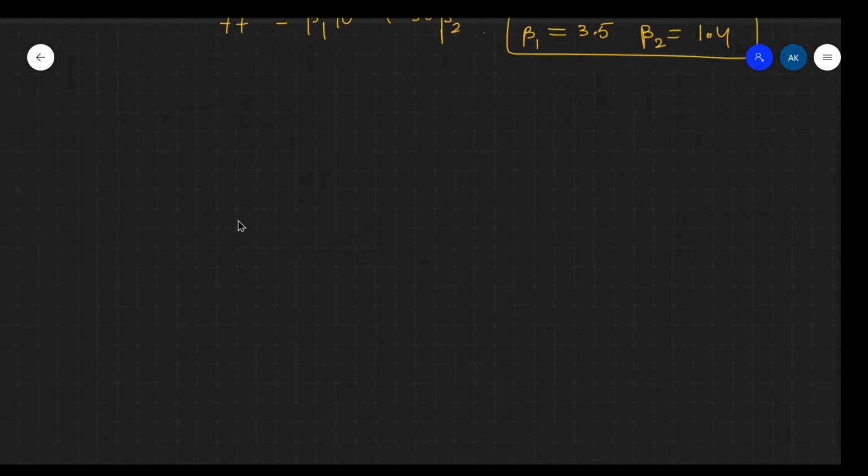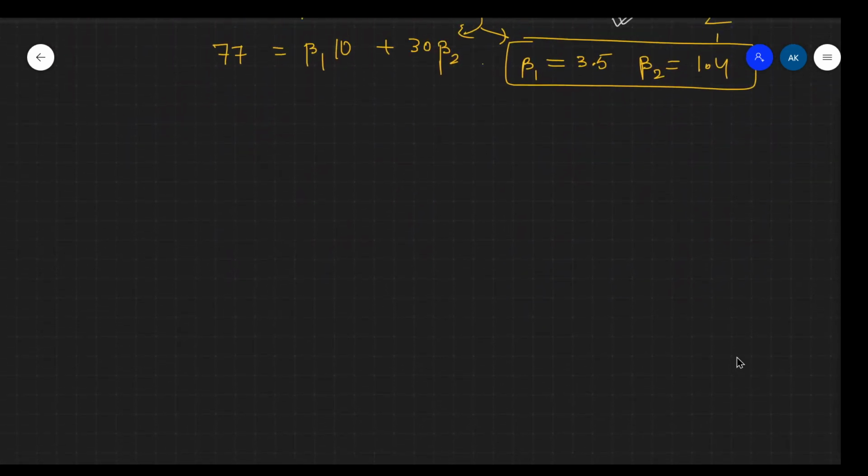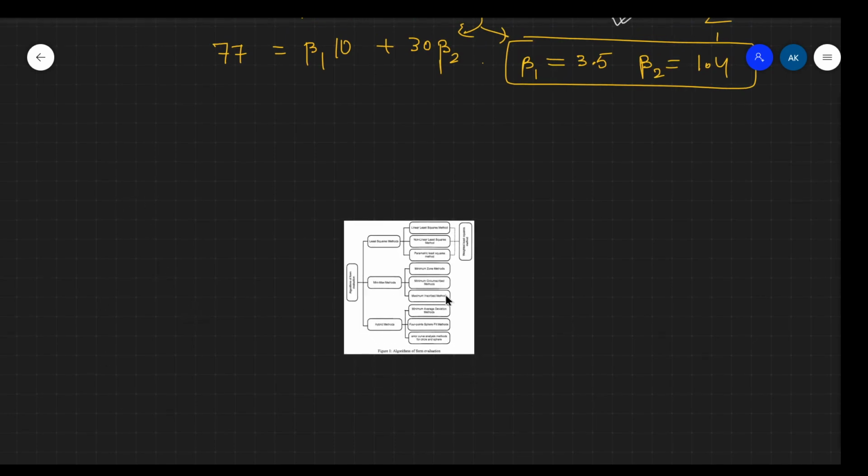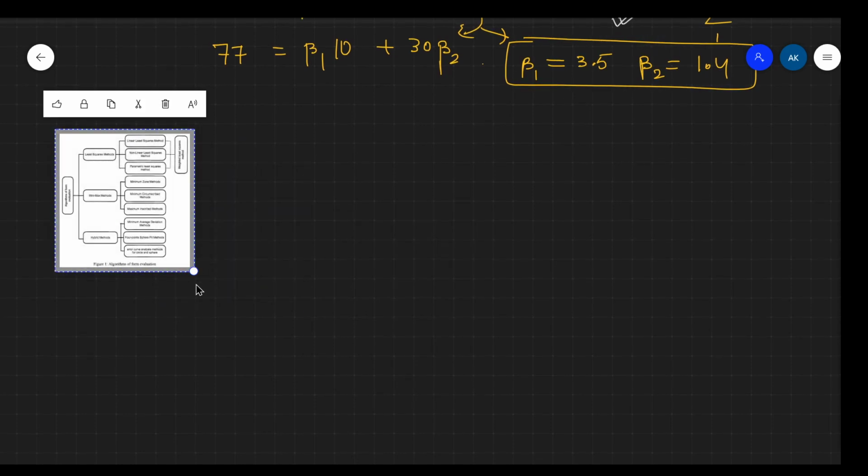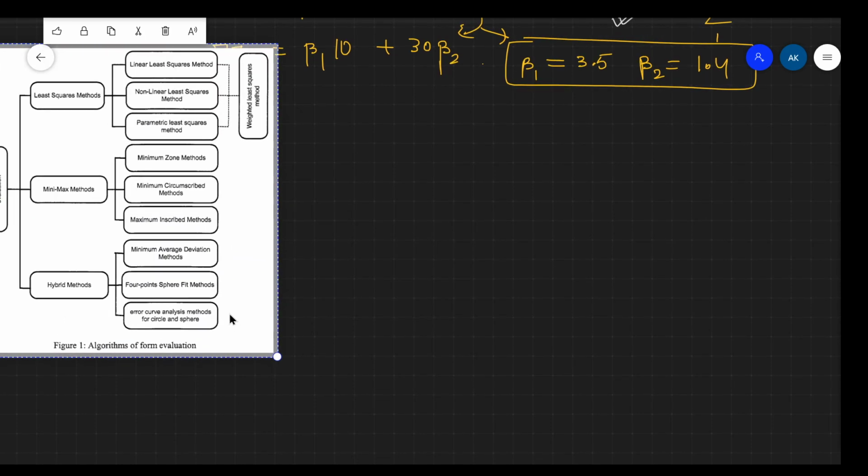Now the second thing, come back to our original chart, the one I have shown you earlier.